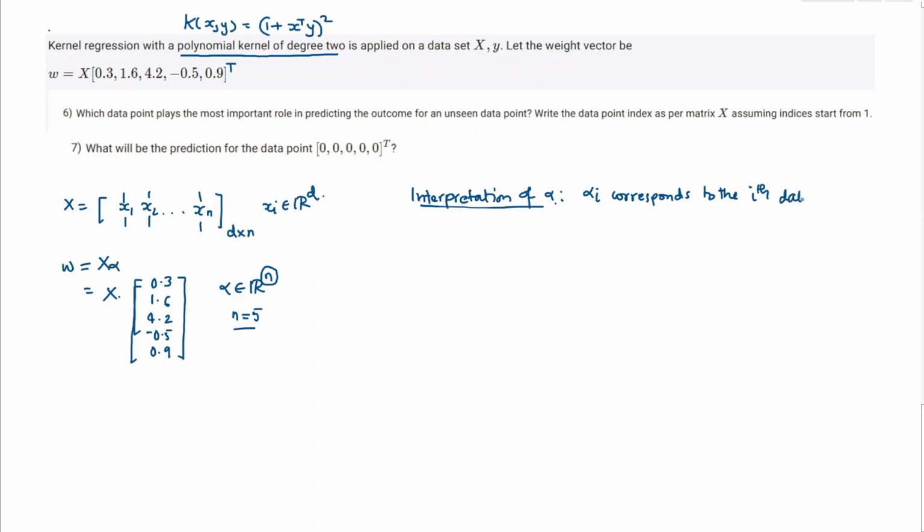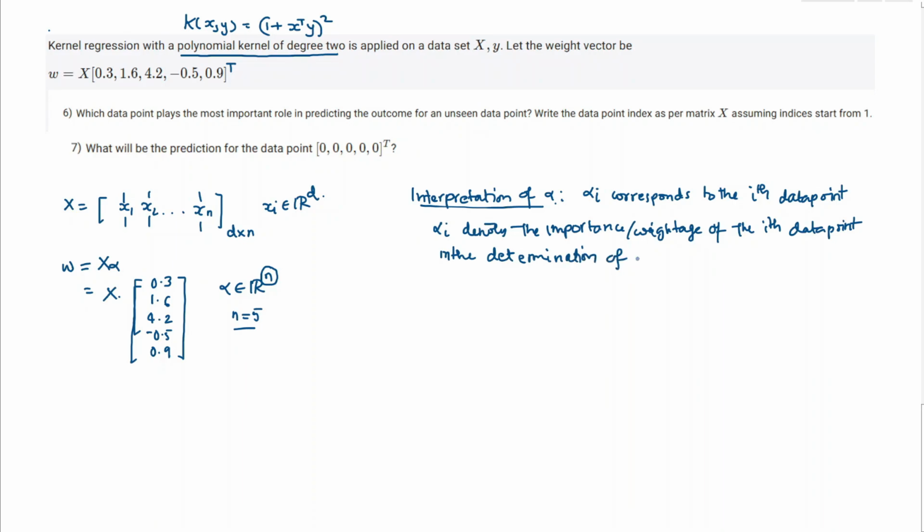Now since w is a linear combination of the data points, alpha i represents the importance of the ith data point in the determination of w, the weight vector.